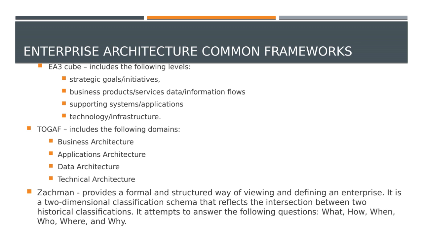And Zachman is actually, if you remember last time, we talked about what you want to achieve, how you want to achieve it, and when, what time, who is responsible, who are the stakeholders, where are you, what do you have, where is your infrastructure, and why you want to achieve that. This is done by Zachman. Okay.